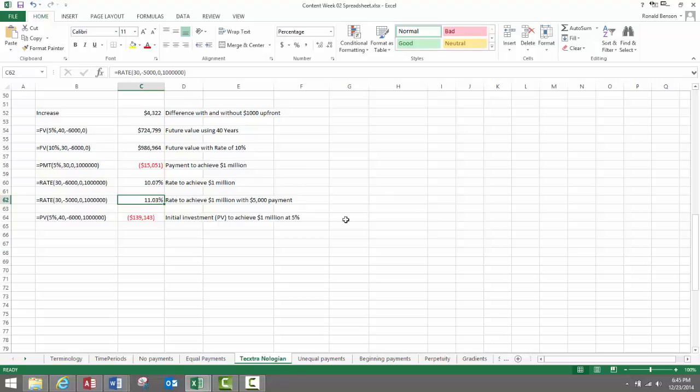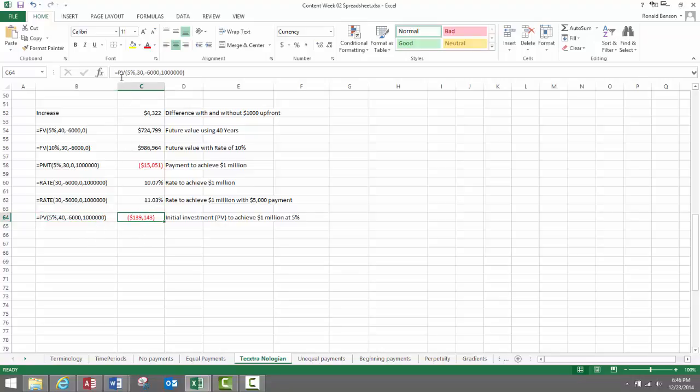Another option is that she has an inheritance from a few years back that's invested, but maybe she puts that into this program as an initial investment. What initial investment would Tectra have to make to have $1 million back at 5% interest? We'll do it for 40 years in this case, just to show the changes you can have. 5%, 40, minus 6,000, that's the payment. The future value is 1 million.